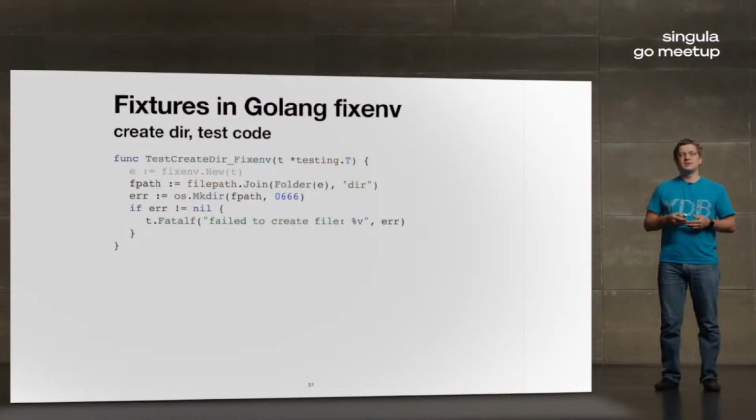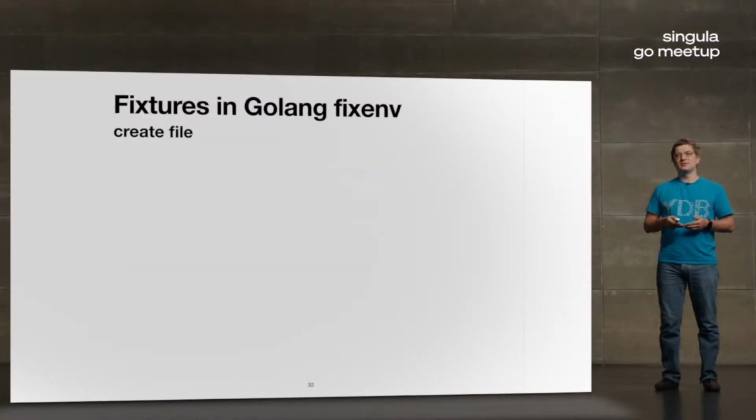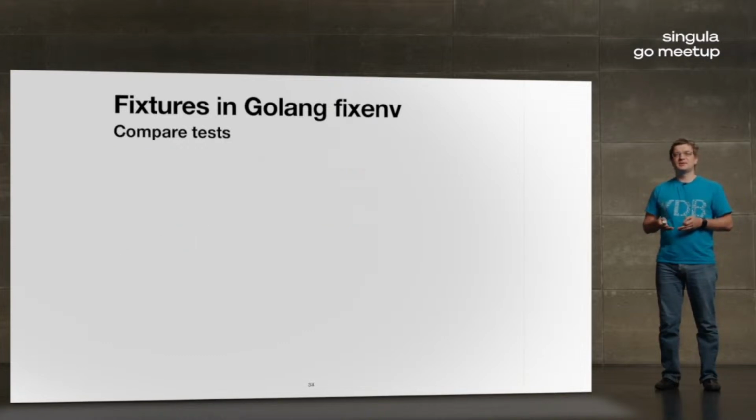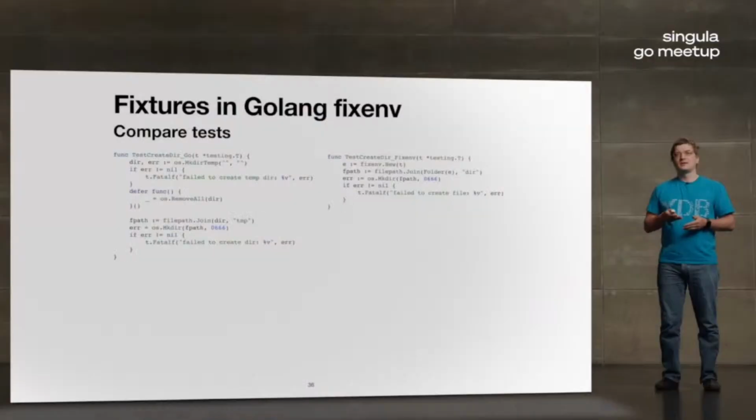If we need a similar test that creates a file, we can use the same fixture. Let's compare the test in traditional style and with fixtures. You can see the amount of service code in both tests.